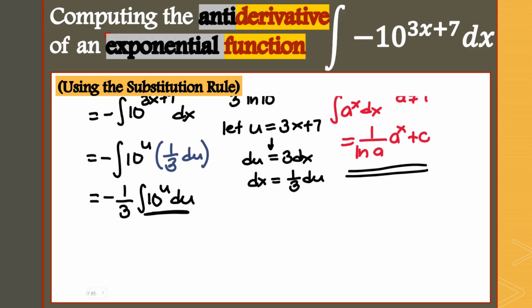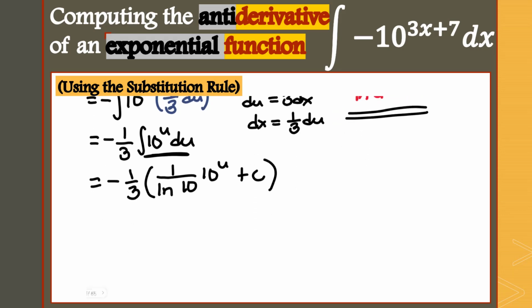This would be equivalent to negative 1/3 times 1 over the natural logarithm of your base, which is 10, then 10 to the power of u itself plus c. Multiplying by negative 1/3, you will have negative 1 over 3 times the natural logarithm of 10 times 10 to the power of u plus c.